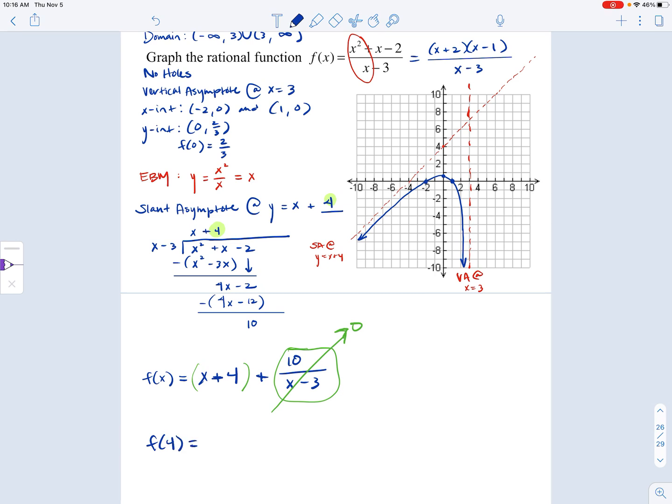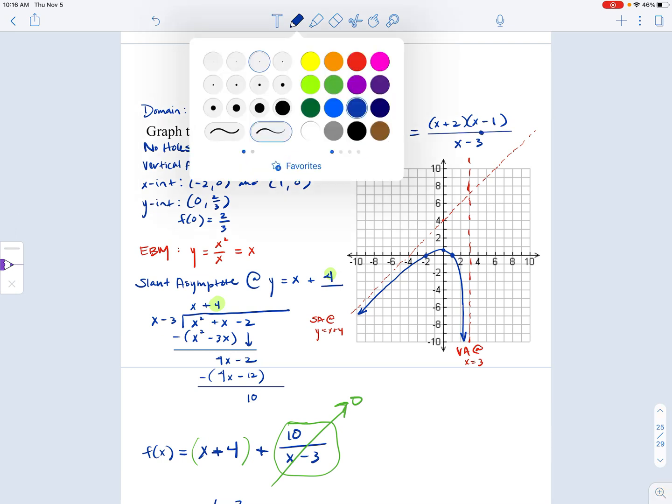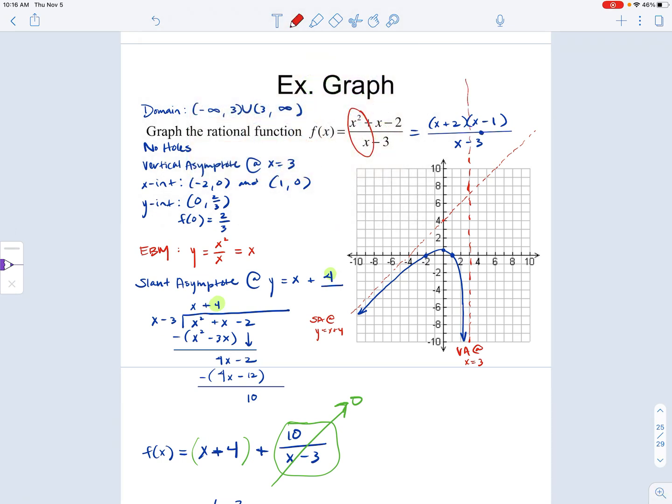So just plugging 4 in for x, it looks like I would get 6 times 3 divided by 1. So 18. Oh, that's going to make me go off the graph. So 4, 18. So I would be up here.